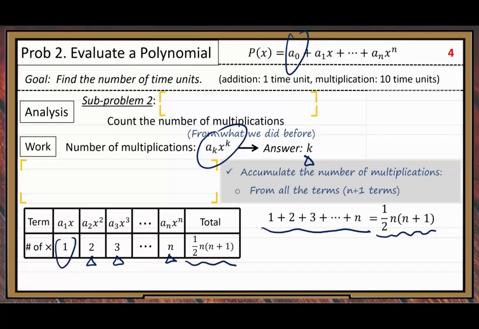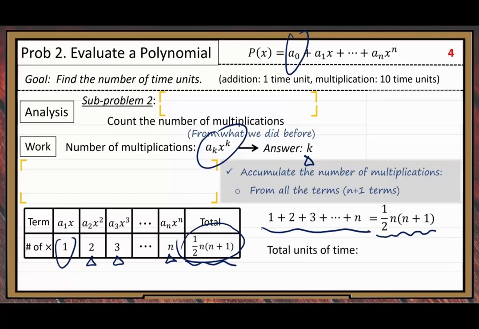For that reason, the number of multiplications needs to go another step and be converted to the number of time units.